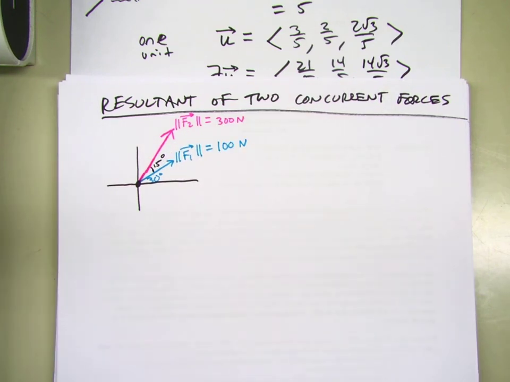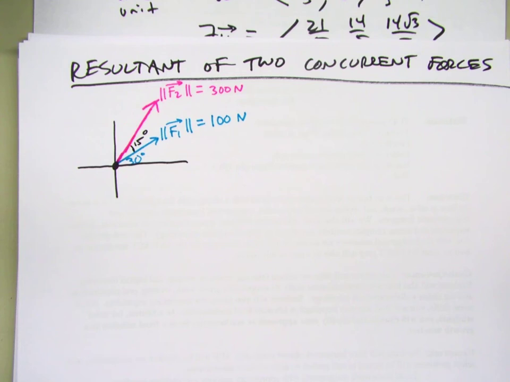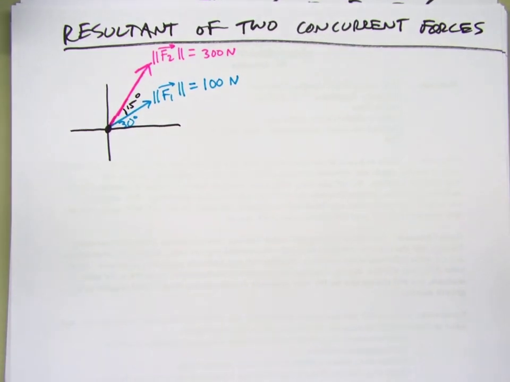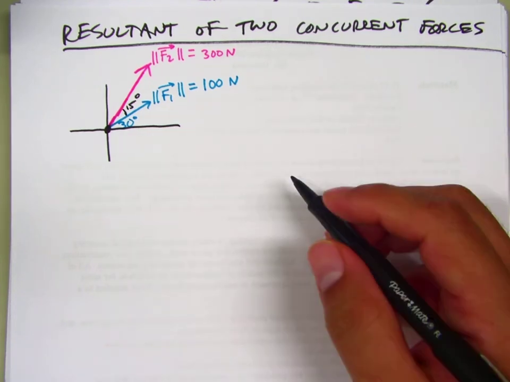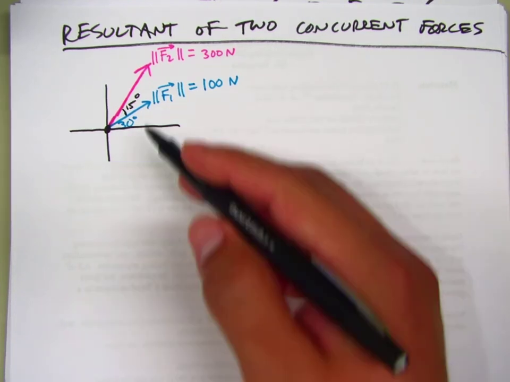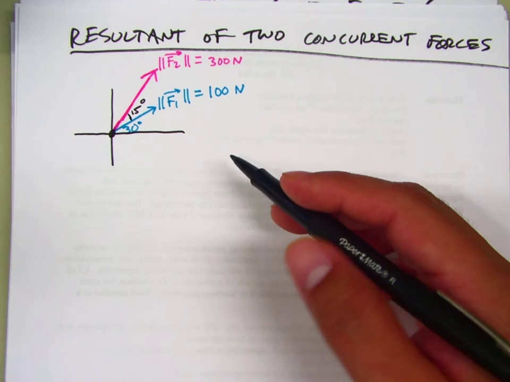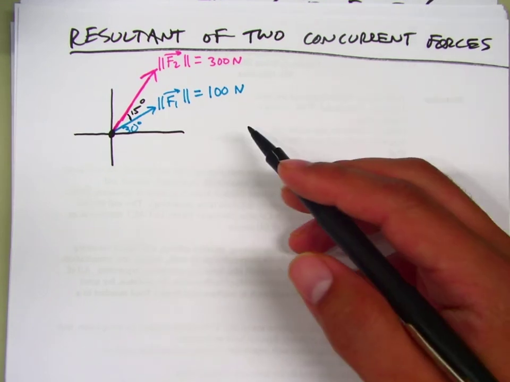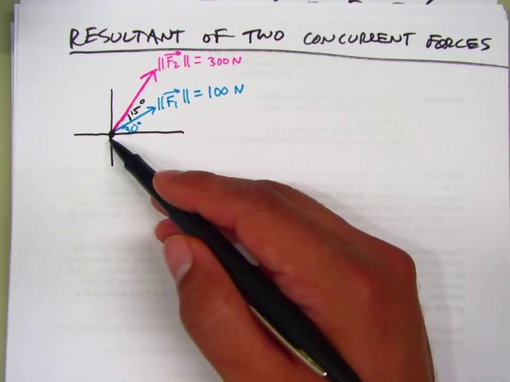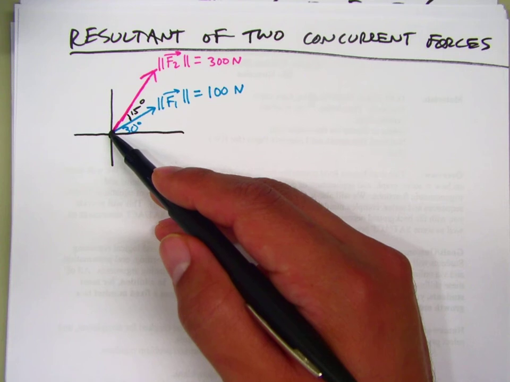Okay? So now, what it means to find the resultant is just to add them, okay? So I'm kind of skipping the formal description of the problem, but it would say something along the lines of, here's this object centered at the origin.